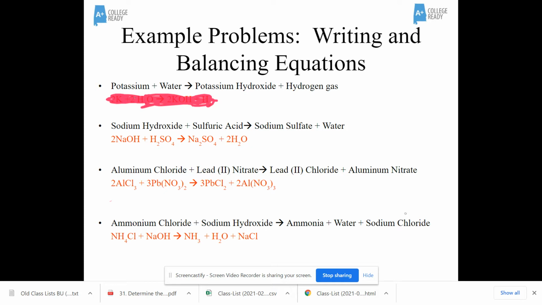Okay, so I need everybody paying attention up here. This is new, and we need to be focused right here. So I'm going to change this equation to formulas. What is my symbol for potassium? If I don't want to write out the word potassium, what do I write?